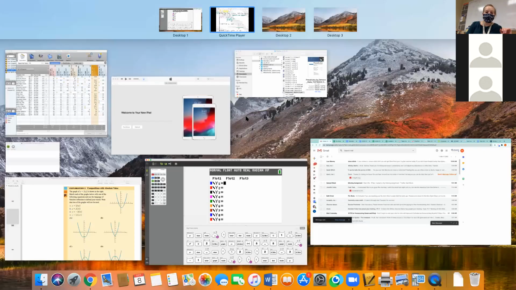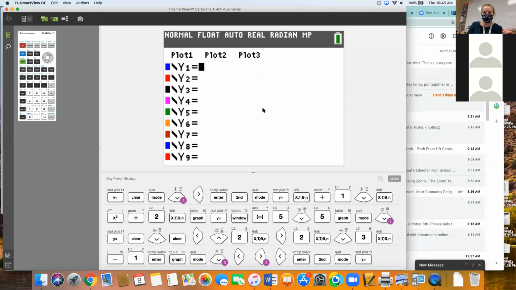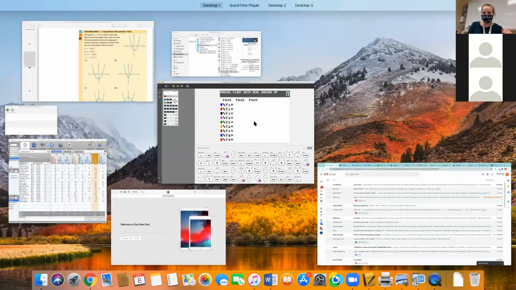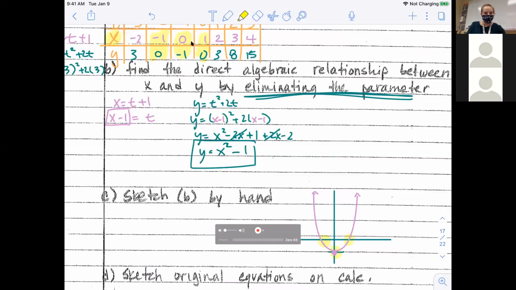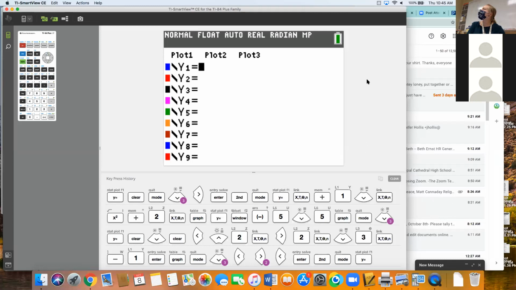Okay, let me move over to my calculator so we can see it. That is not shared with Zoom, is it? I have no idea what my Zoom screen is. What do you see on the Zoom, Janae?